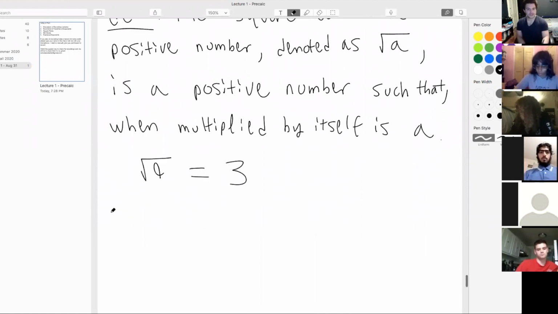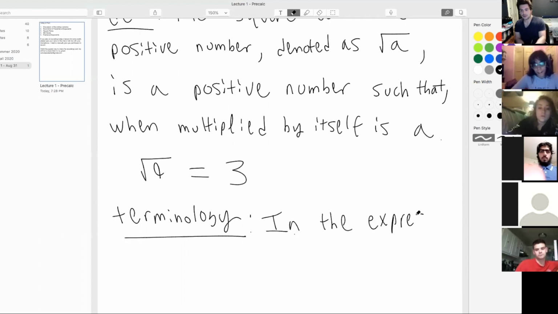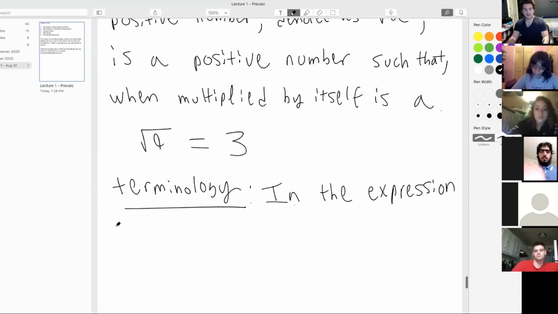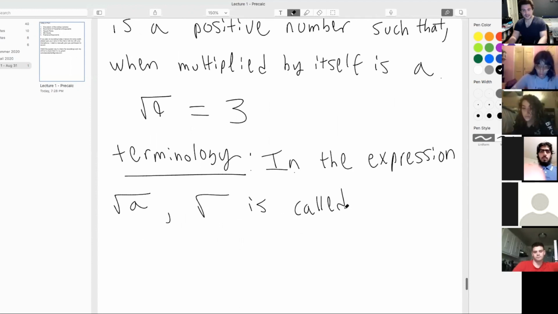All right, just some terminology. I know this is not the most fun. We just need to give some words to these symbols. In the expression square root of a, this symbol is called a radical.